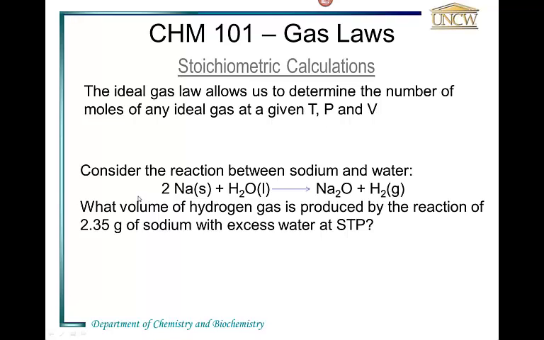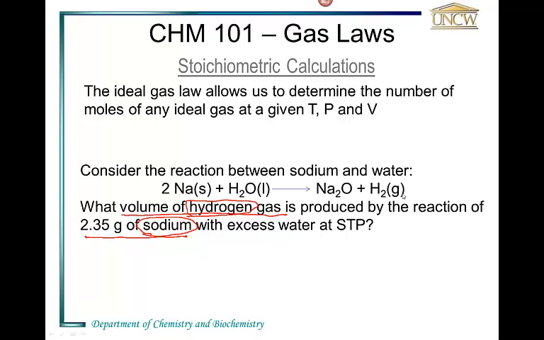Now the key idea here, as before, is that we have information about one thing, but we're asked for information about something else. So we need a way to relate the sodium to the hydrogen. And we do that with the balanced chemical equation. There are two sodiums that react for every hydrogen that forms. That's the key idea.